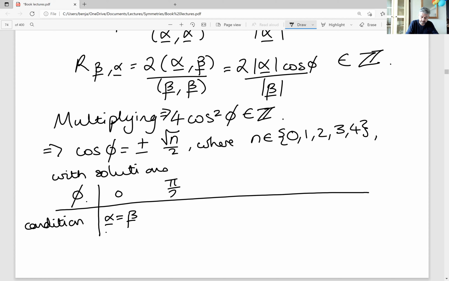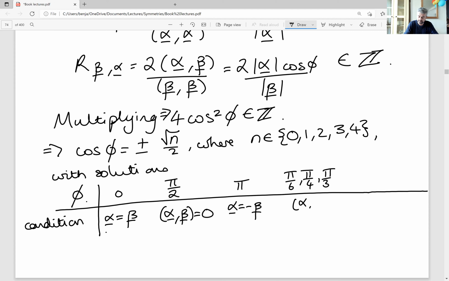Another solution is when phi is pi by 2. And this is when alpha and beta are perpendicular. Another solution is pi, where alpha is equal to minus beta. And we have the solutions pi by 6, pi by 4, and pi by 3.